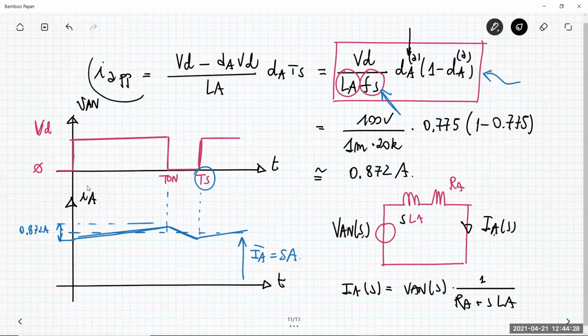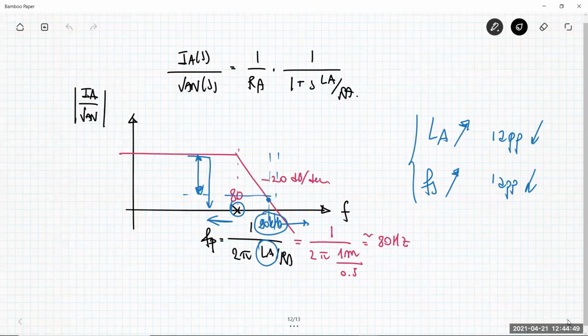Duty cycle dA is 0.775, the specific duty cycle that provides you 5 amp at the output. The question now is a little bit more general: since it varies with the duty cycle, you can have a maximum of this ripple.